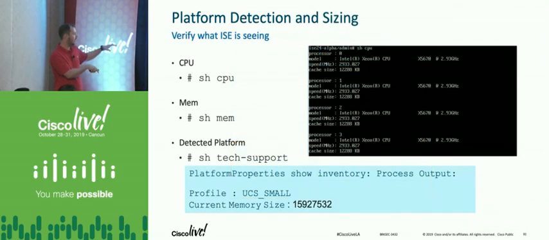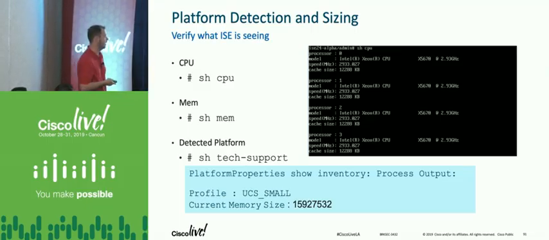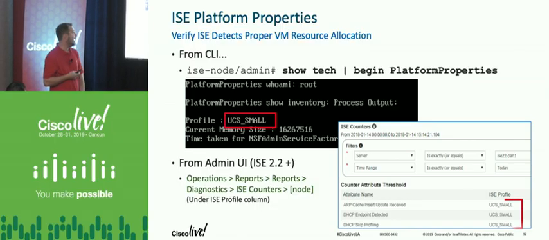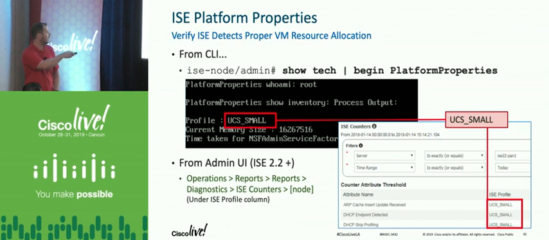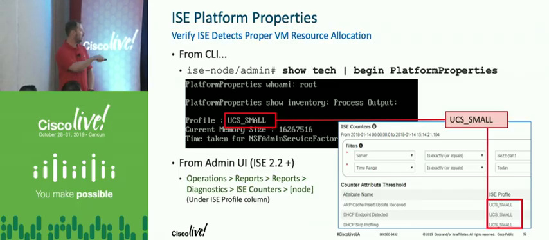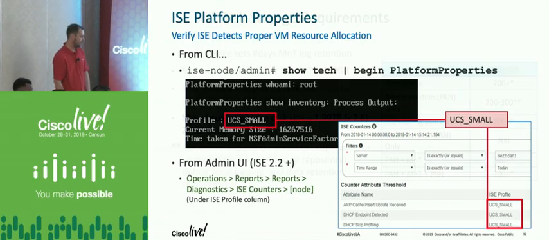And this is what ISE is using to do things like memory reservations and hard disk reservations, those kind of things. The other thing you can do from the CLI is do a show tech begin platform properties just to get to right where you need to. And you can also see in the admin UI the ISE profile that we've detected.